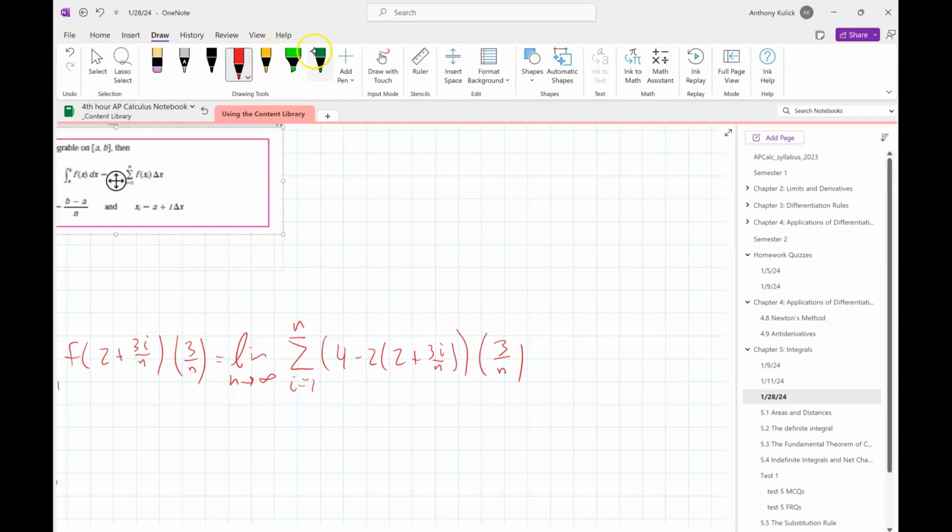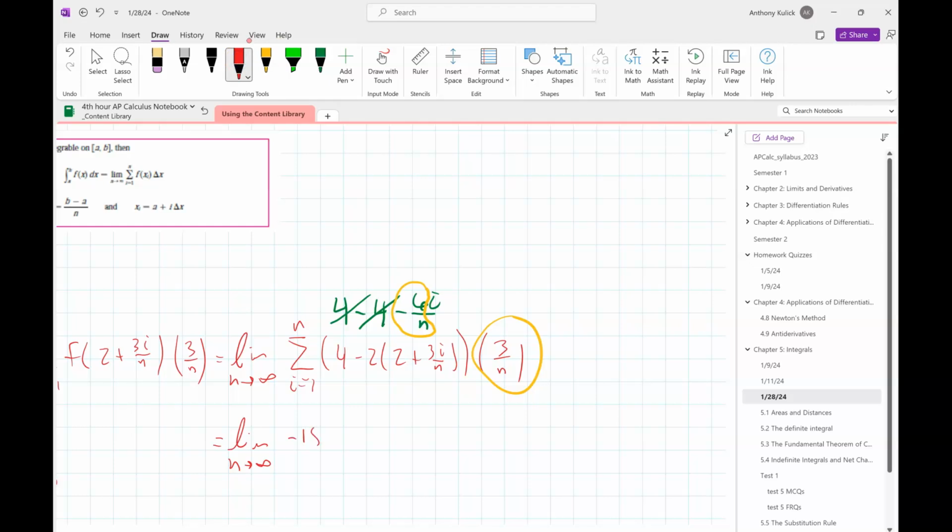So if we simplify there, we have 4 minus 6i over n. So those just kind of cancel each other out. And what I'm going to do now is I'm going to take this part and that part and pull it all out front of the sum.